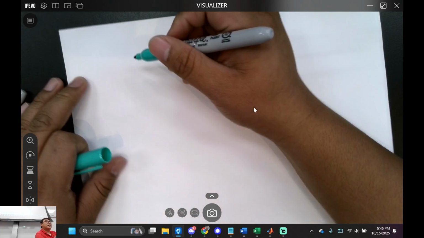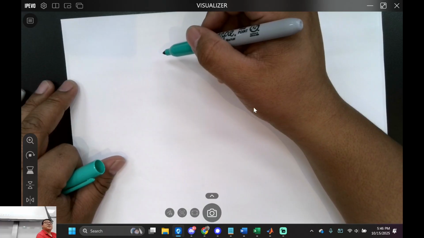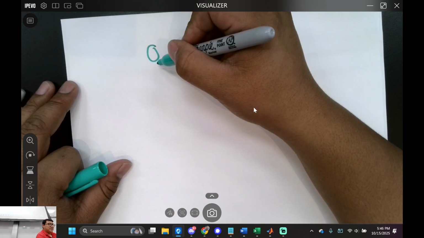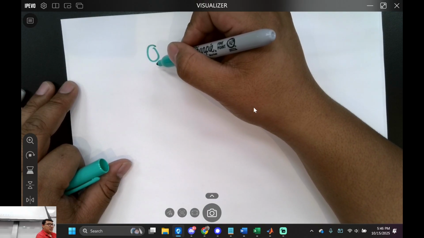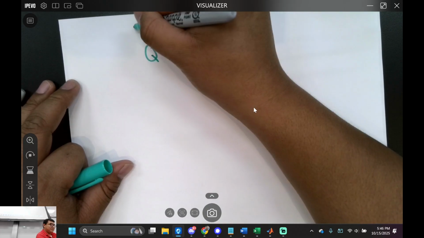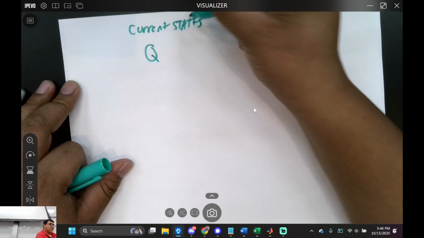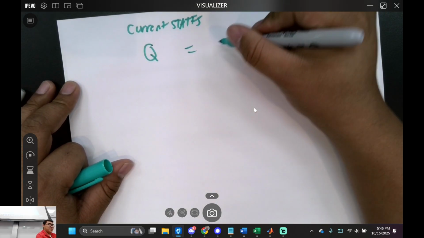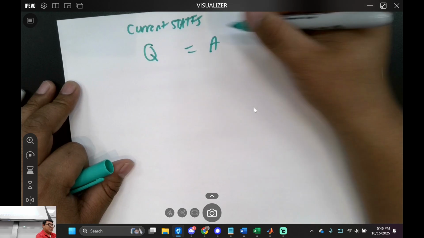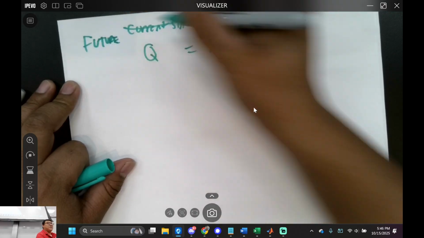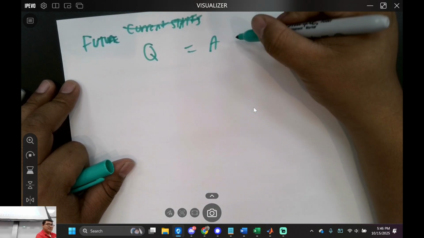Where's my sheet of paper? So in MATLAB, there's another way you can do this, where you can have these vectors. You have current states, right? Current states is equal to not current states, future, because I want to calculate the future, correct?